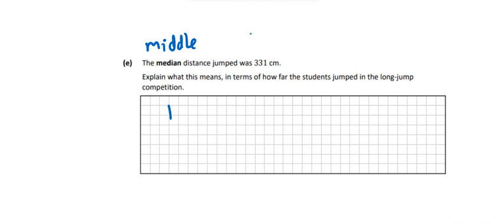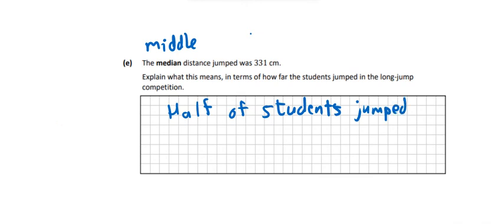So half of students jumped less than 331, and then half of the students jumped more.